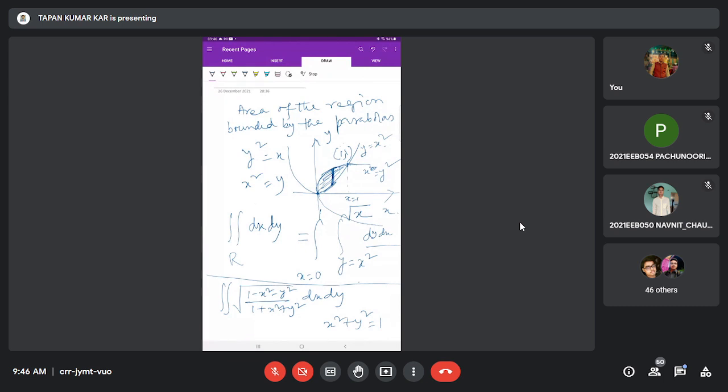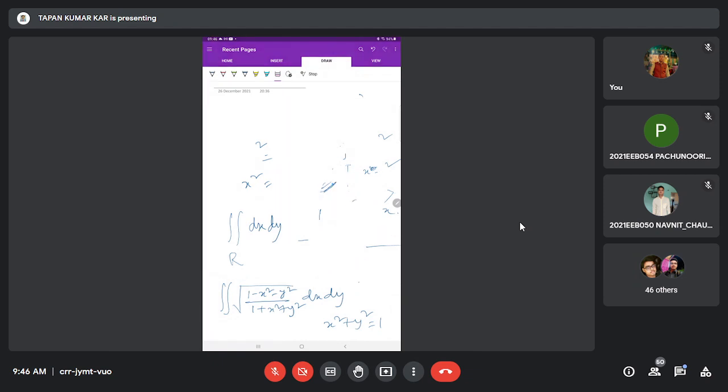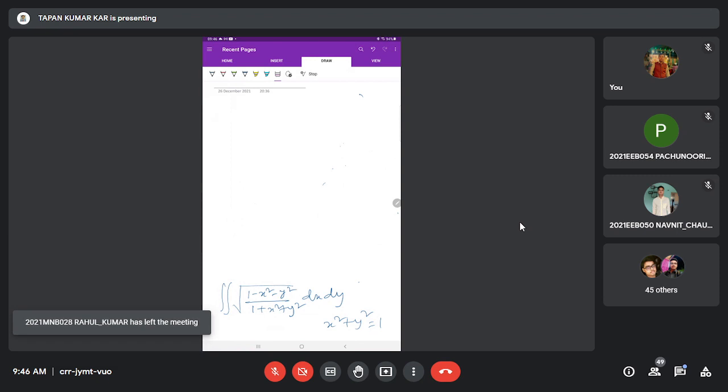Then you can proceed. You don't have to complete it, at least give some hints on how we can proceed to evaluate this example. Why have I given this example? Because look at this, the function is given in a square root, 1 minus x square minus y square by 1 plus x square plus y square, something known to us.